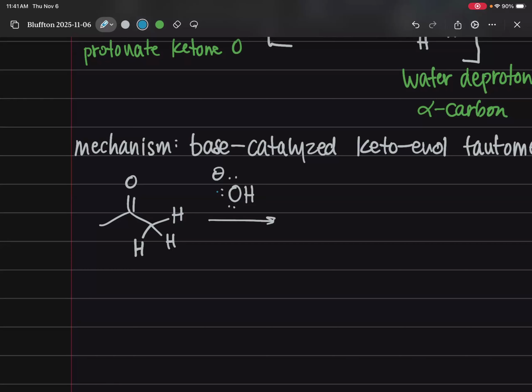To deprotonate, we just grab a hydrogen there. Rather than moving the electrons toward this bond, which would give this carbon too many bonds, we're just going to make an anion on the alpha carbon. So the electrons are just going to go right to that carbon.